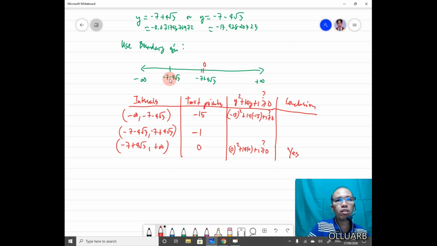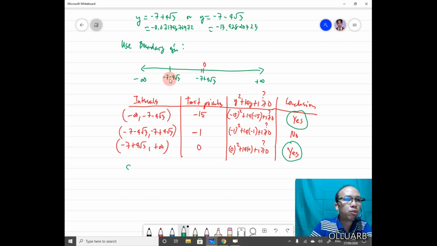So we have yes, no, yes. Trust me, but if not, then you have to use a calculator. So positive, then negative, then positive. We have to choose the yes portions.